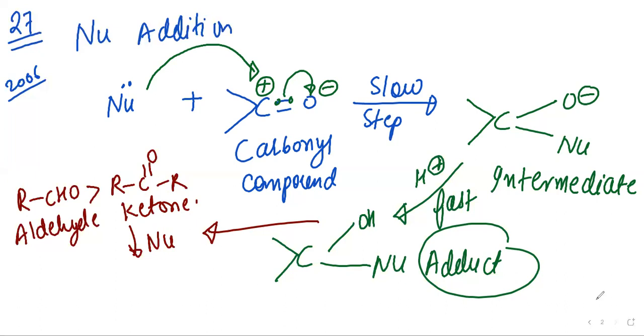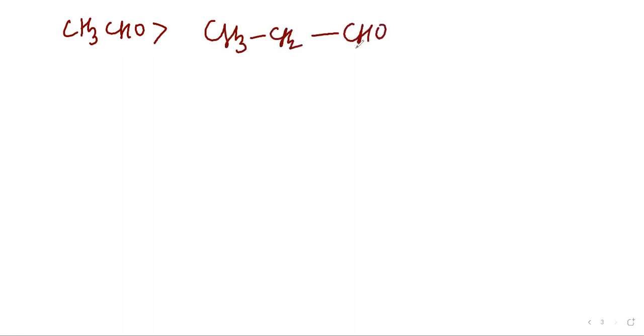Suppose compounds are given and you have to write the reactivity order towards nucleophilic addition. It will be like CH3CHO first. It is more reactive as compared to CH3CH2CHO. As carbon increases, reactivity towards nucleophile decreases.